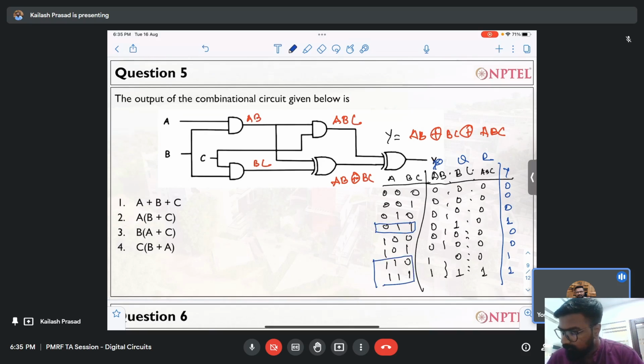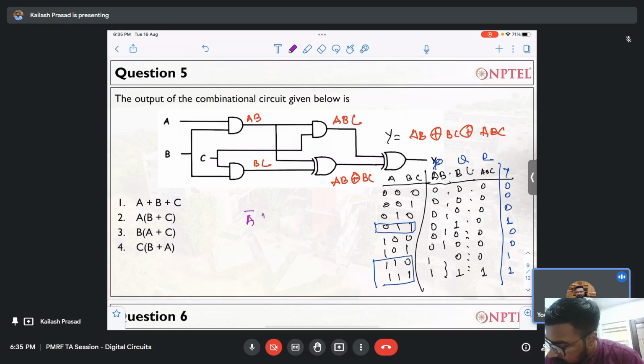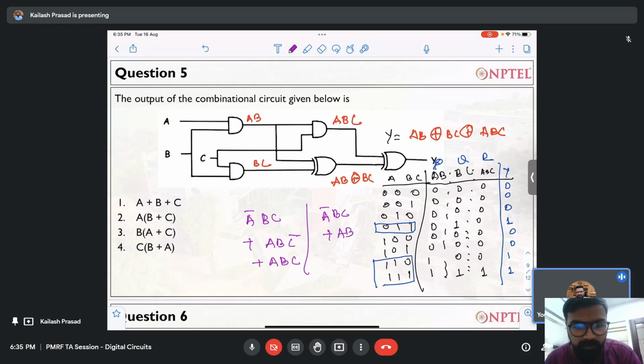If I write the equation for it, it will be a bar bc plus abc bar plus abc. Okay, and you can simplify it to a bar bc plus ab, right? Because c plus c bar will be 1.